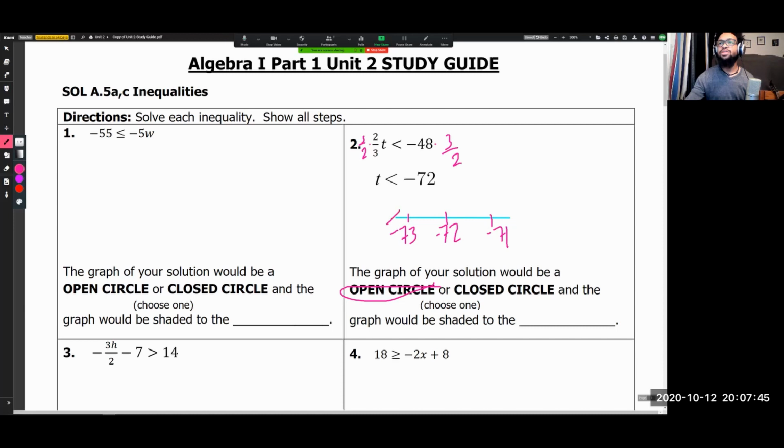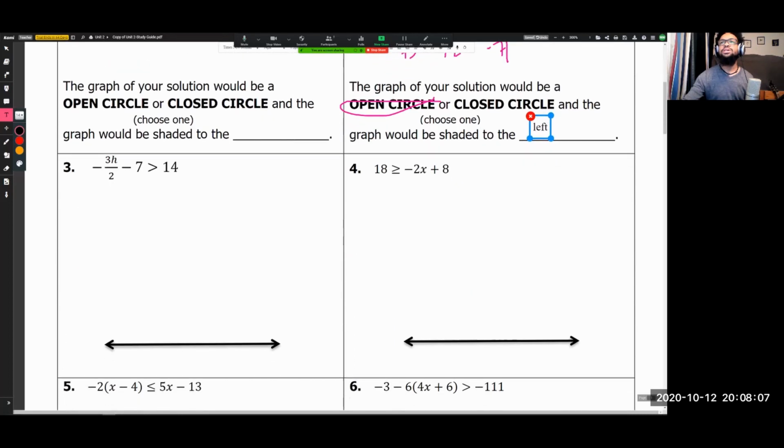We said it'd be an open circle because it's not equal to. And then all of our solutions for t to be less than negative 72 are going to be this way to the left. So the area of the graph that would be shaded would be to the left.